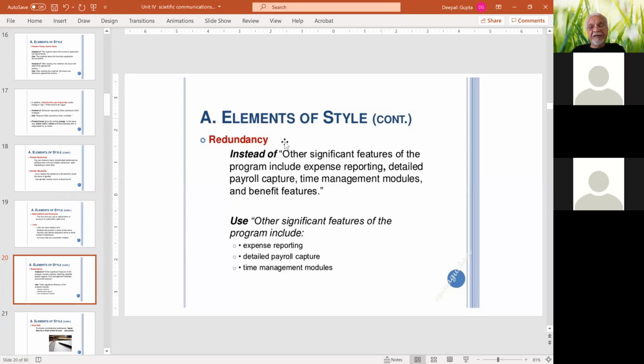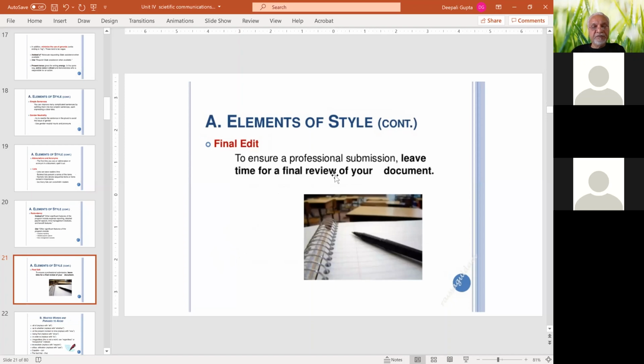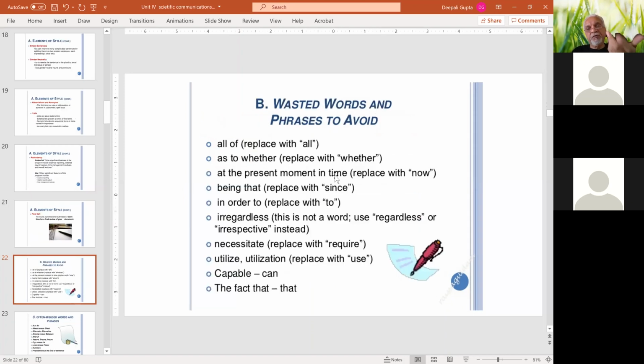So these are some examples of how you should take care of making effective writing. And of course, editing is very, very important. Then there are some words or phrases which one should avoid, as I was mentioning. For example, instead of writing "all of," you can write just "all."